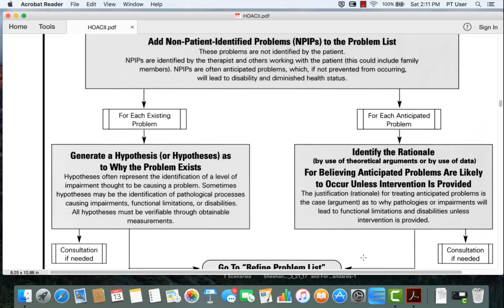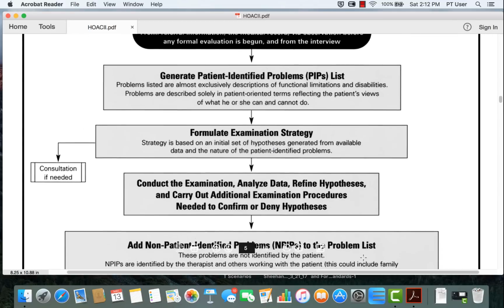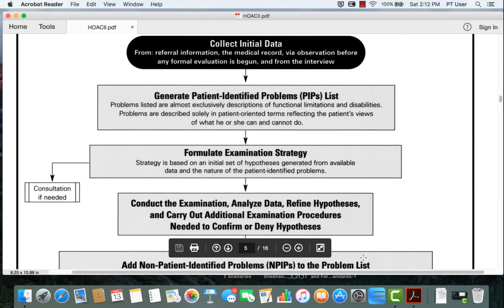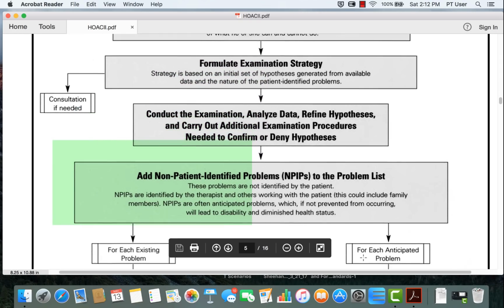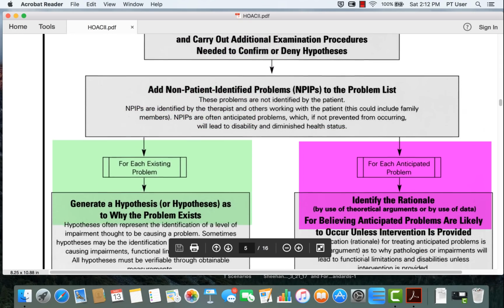One is based on existing problems, as you see there in the box to the left, and the other are problems, anticipated problems, problems that are not there right now, but you believe the patient is at risk for in the future. Okay? So if we go back up to our 2 lists, we had a PIP list, okay, you see it there, and then we have an NPIP list.